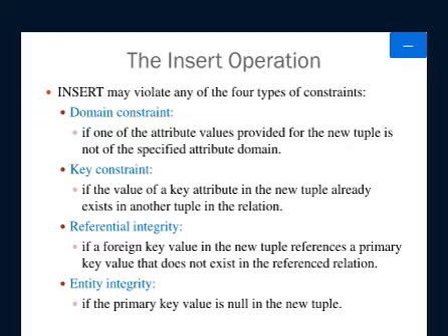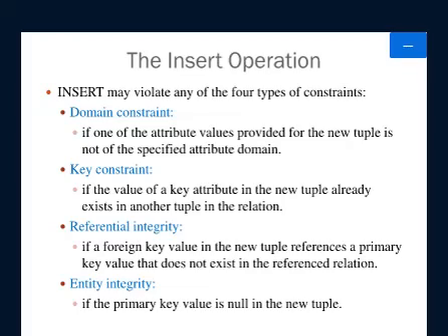Referential integrity constraint. What does it mean? When I enter a value into the child table, I may enter a value which does not exist in the attribute of the parent table.